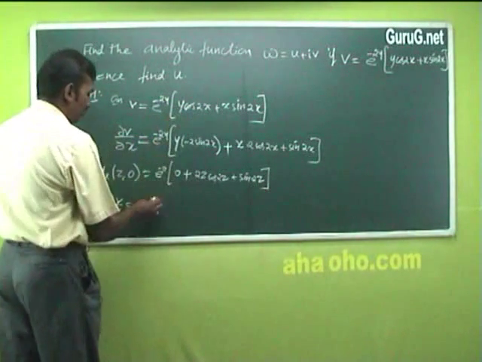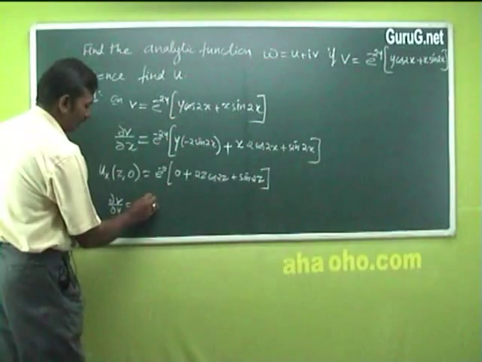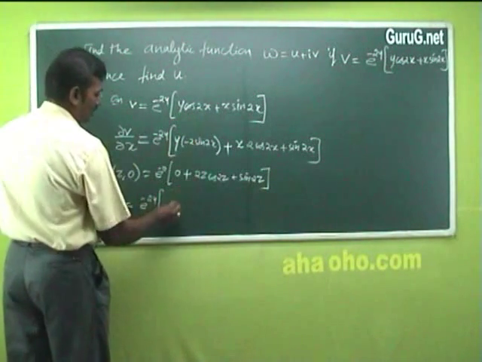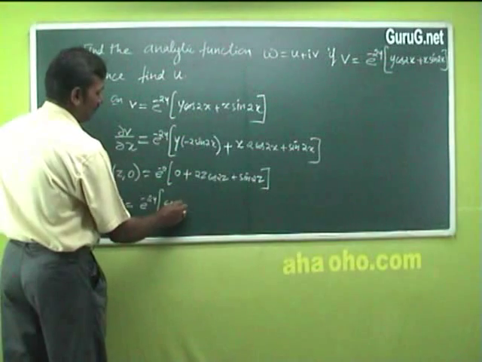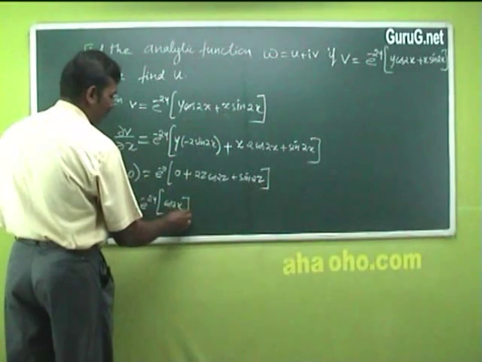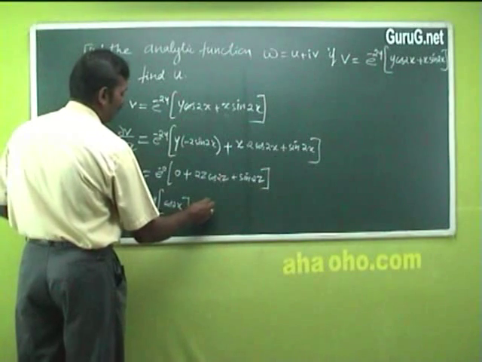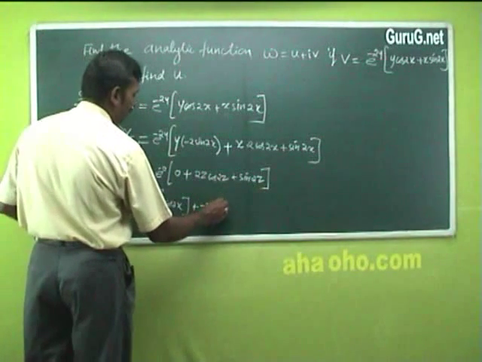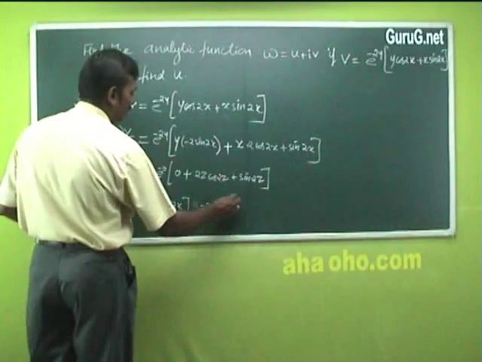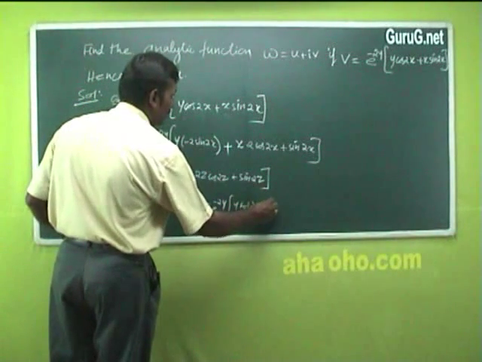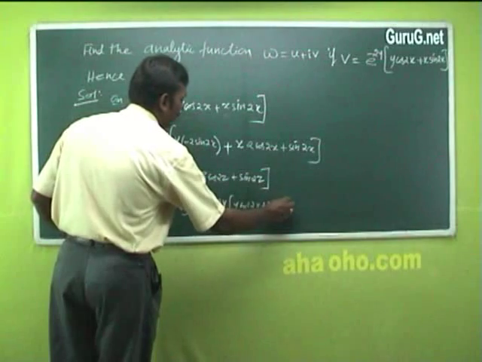Keep e power minus 2y as it is and differentiate cos 2x, which gives 0, plus differentiating e power minus 2y gives minus 2 e power minus 2y into y cos 2x plus x sin 2x.